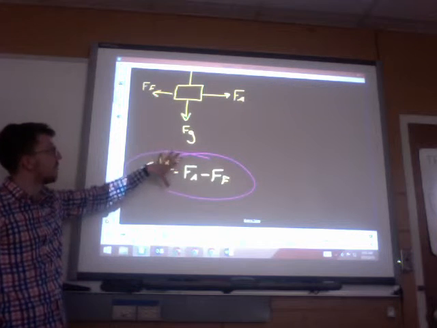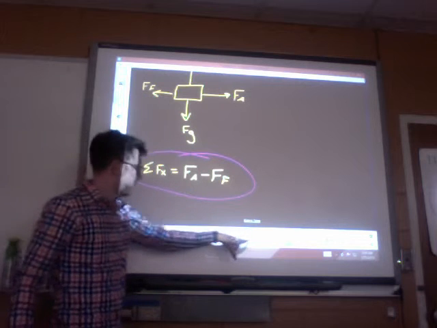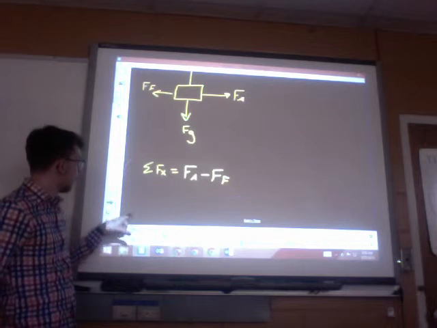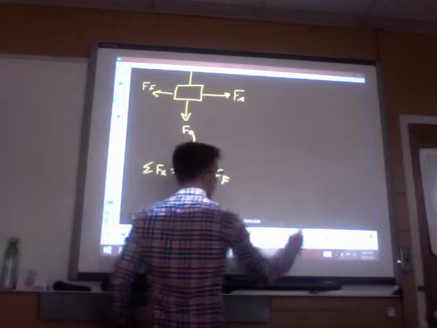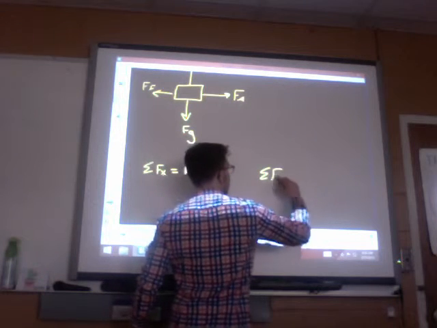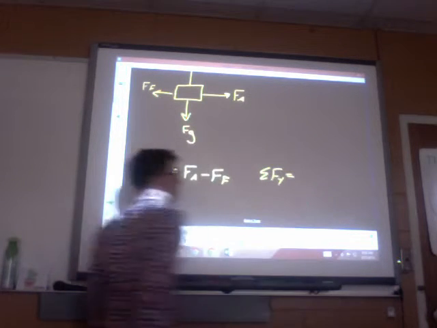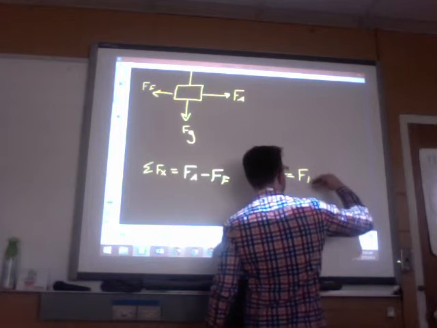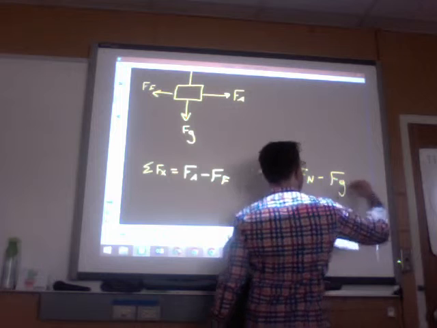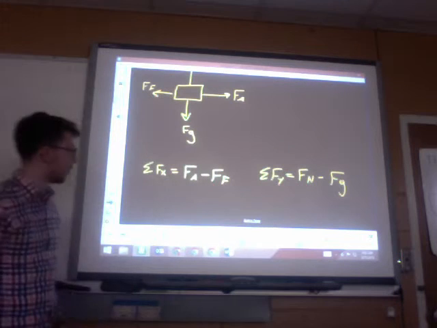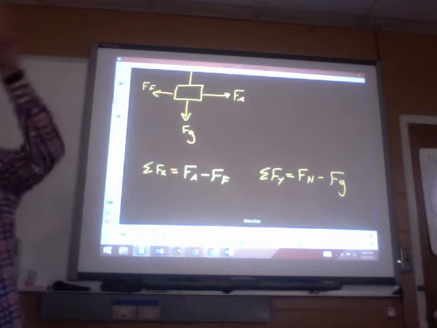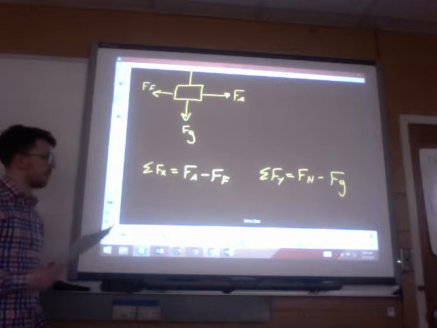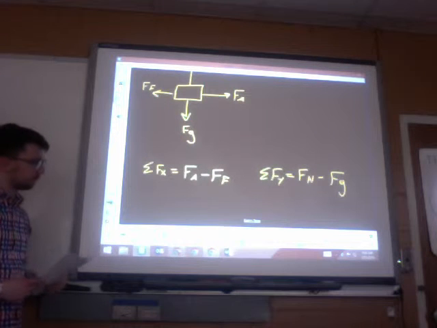You have to write those based on your picture. So does anyone know what our y equation will be? Fn minus Fg, because Fn is up, Fg is down. That means Fg is negative since it's pointing down. So there's step 2 in the 3 steps.